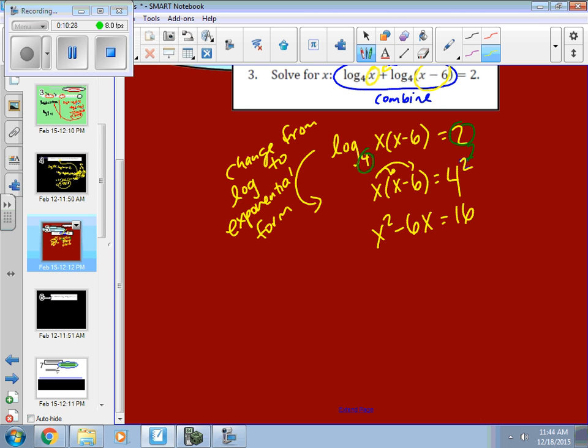This looks like one of those quadratic problems that you did last trimester. So we need to get everything on the same side equal to 0. The next step here would be to subtract 16 and get this one in standard form.